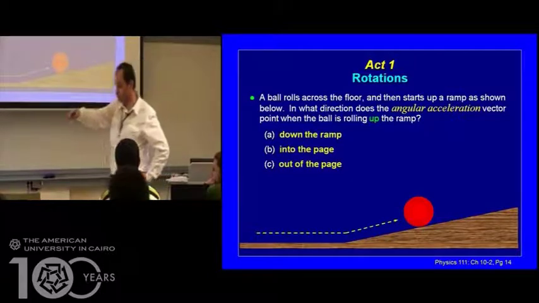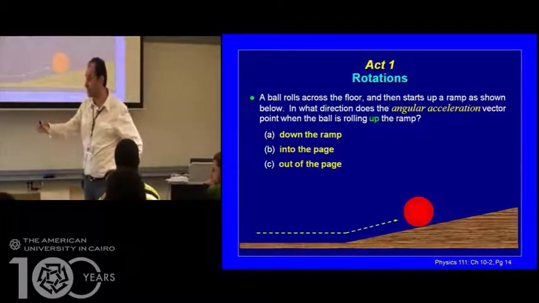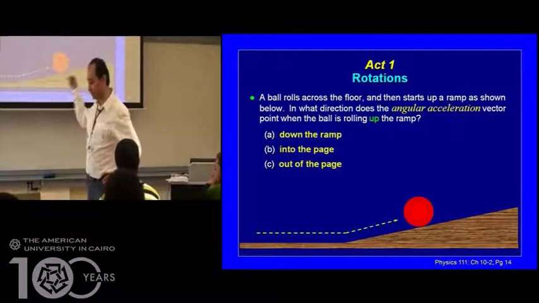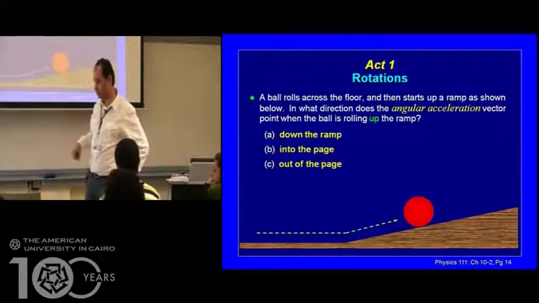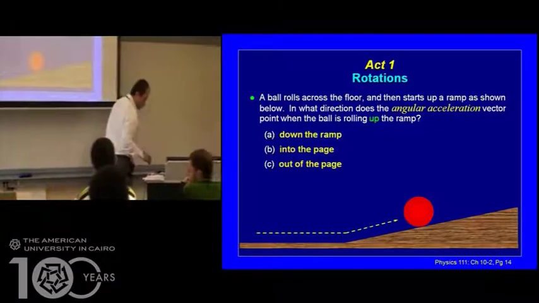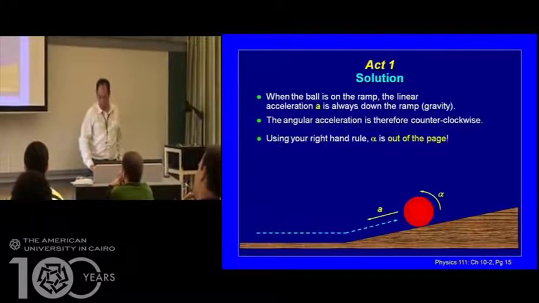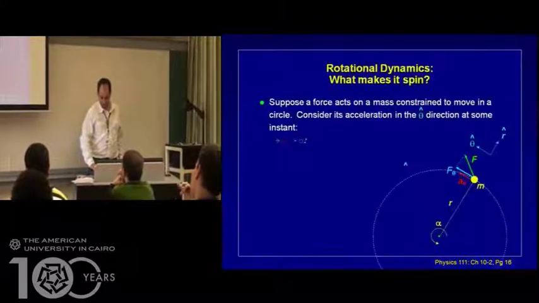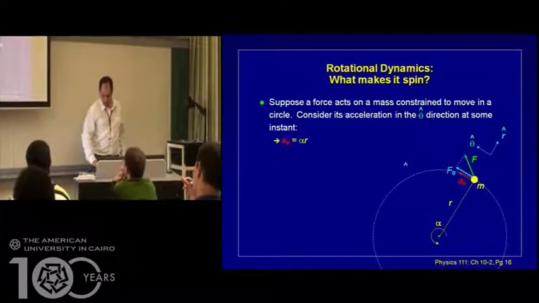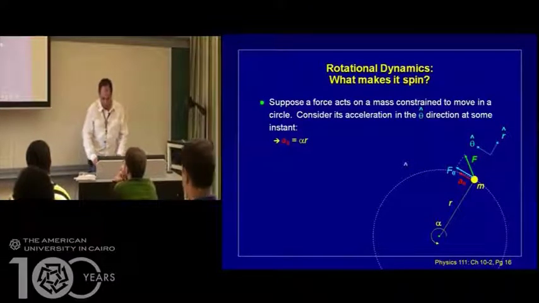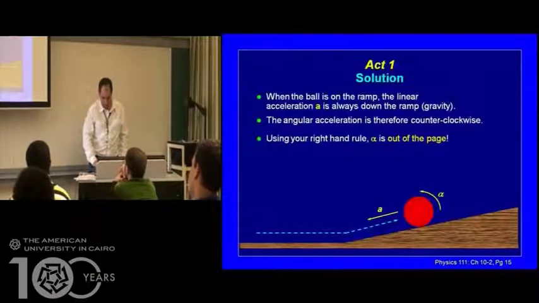But when we talk about linear acceleration, then you're right, it's down the ramp. So that's alpha, and you're right. Here you go, out of the page, as we solved it.